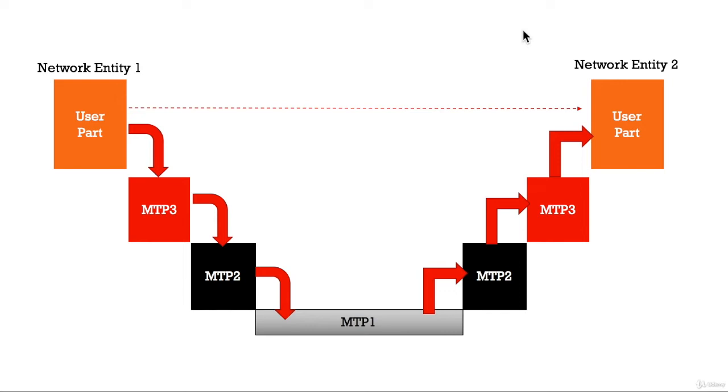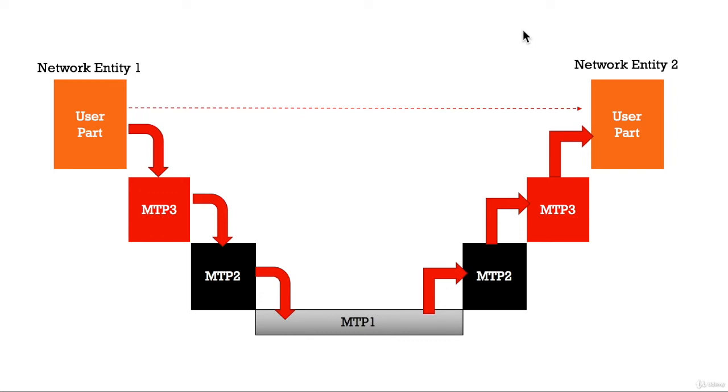Just like in the OSI model, the IP layer contains the information about the address of the destination, and it handles the routing information. In the same way, the MTP3 layer here is concerned with the routing of the message.